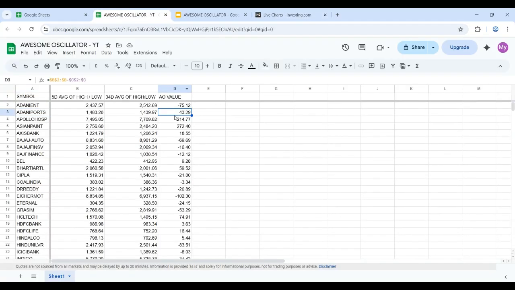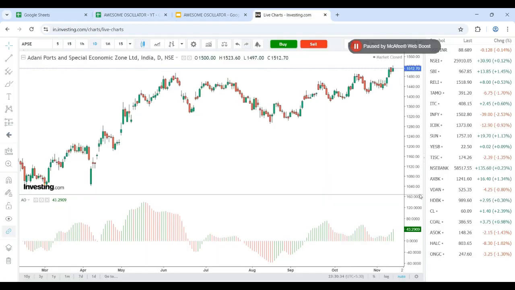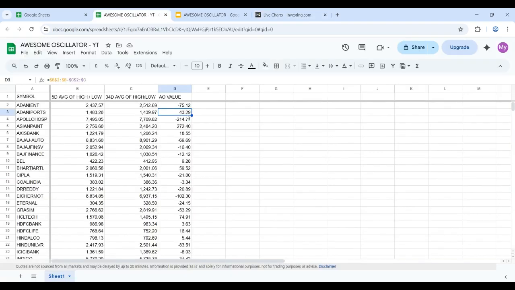Okay. Here also 43.29 something. This is four decimals. Here it is two decimals. We can also take four decimals here, but I generally take only two decimals. Now Apollo Hospital, Asian Paint, we'll see Axis Bank.